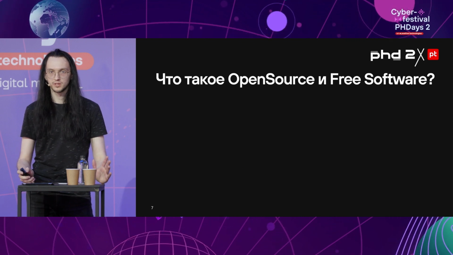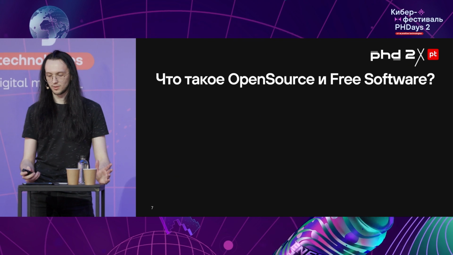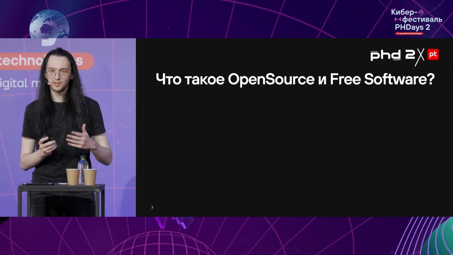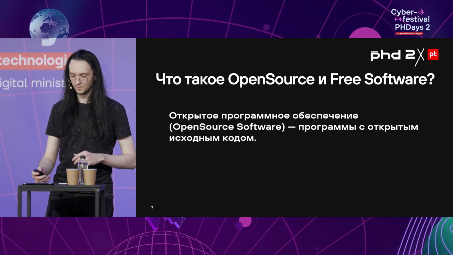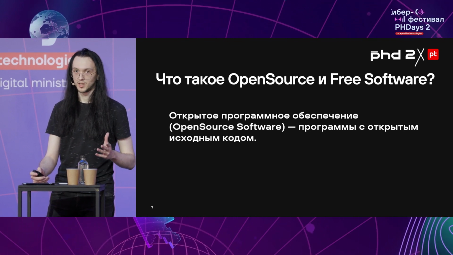What is open source and free software? Open source software is software that you can use for any purpose, but the source code of which you can view and modify and distribute.